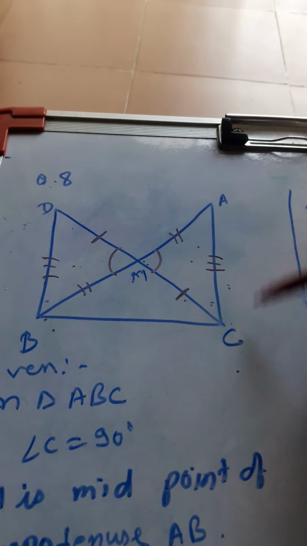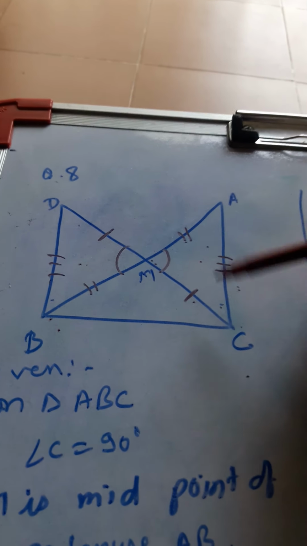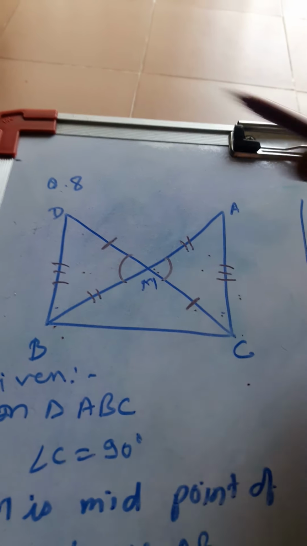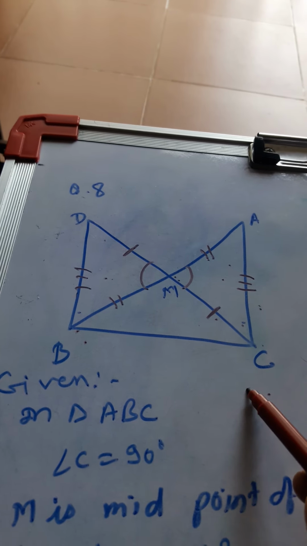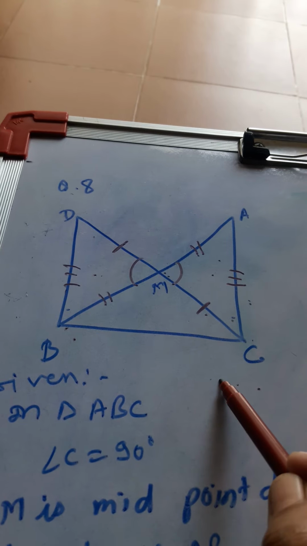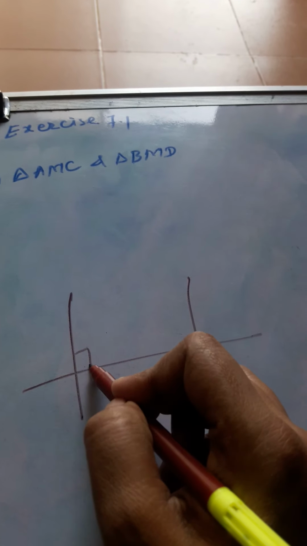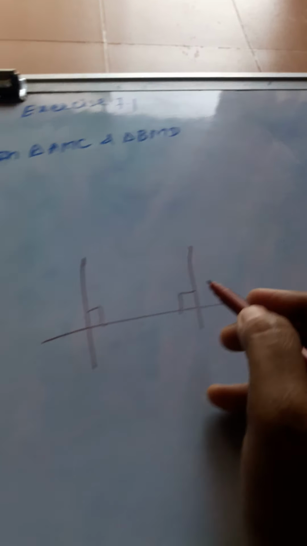By this, AC and BD are parallel lines, because they form alternate angles. And AC and BD are parallel lines, and BC is a transversal. I already explained that between two parallel lines and one transversal, the sum of the two co-interior angles is 180.